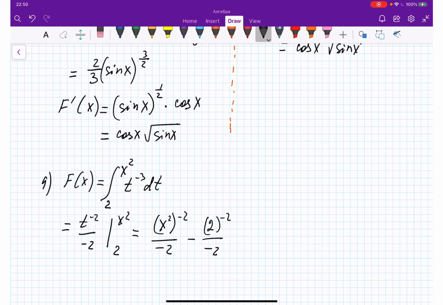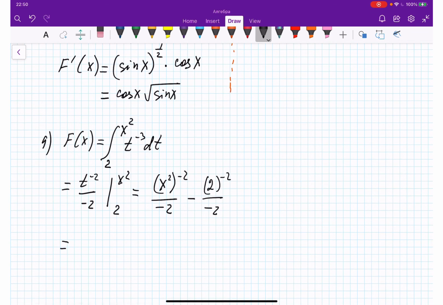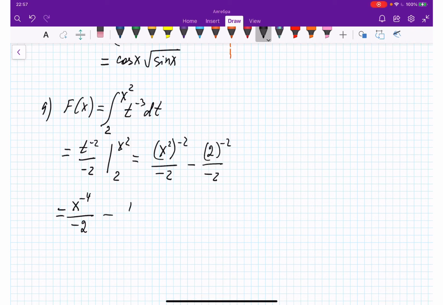And we are going to get x to the power negative 4 over negative 2 minus 1 over 4 times negative 2, which means it's going to become positive, right?